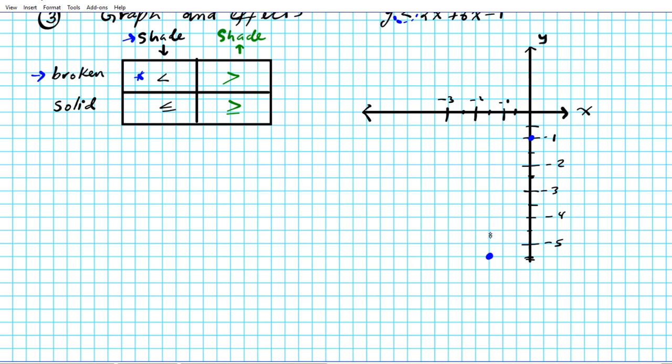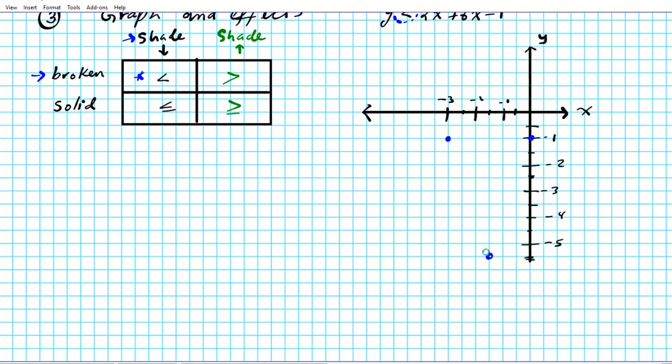So using the symmetric nature of the quadratic function about the vertex, we can also go 1, 2, 3 to the left to find another point that's on the graph of the quadratic. Okay, so now we're going to connect the dots using a broken line.